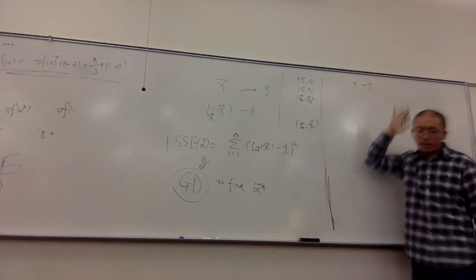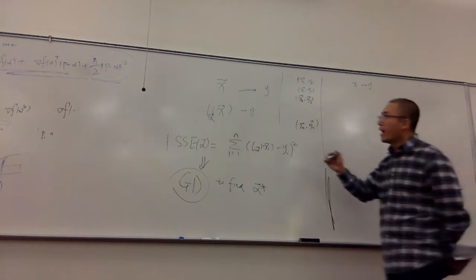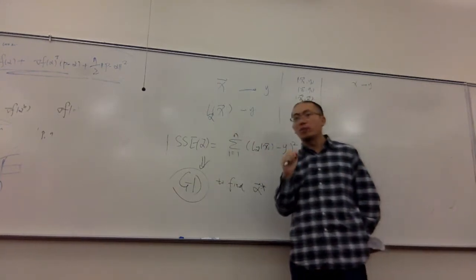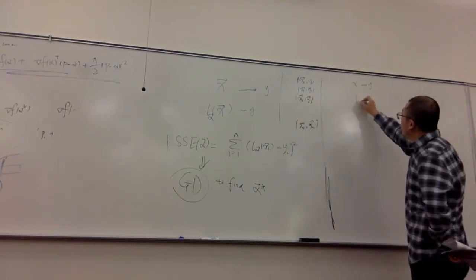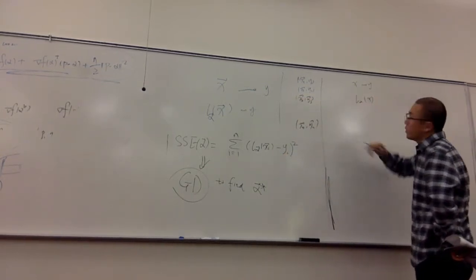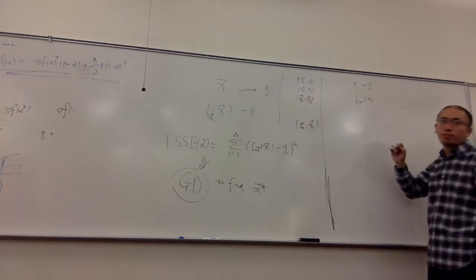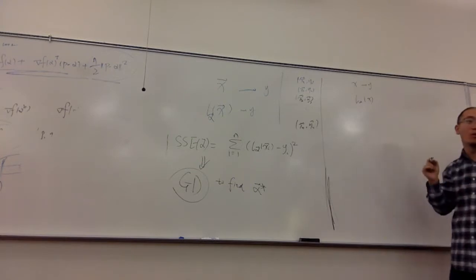And then what kind of polynomial do we choose? I assume that we know the best order. We assume our polynomial regression model is just a second order polynomial. So what's the regression function? Alpha 0 plus alpha 1 x plus alpha 2 x squared. Yeah, second order polynomial, right?